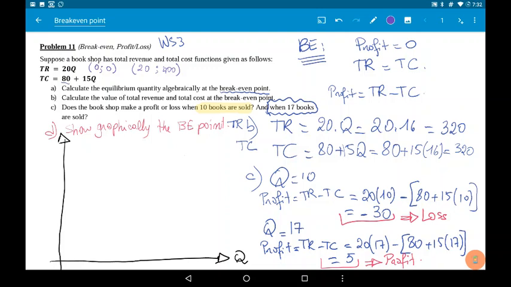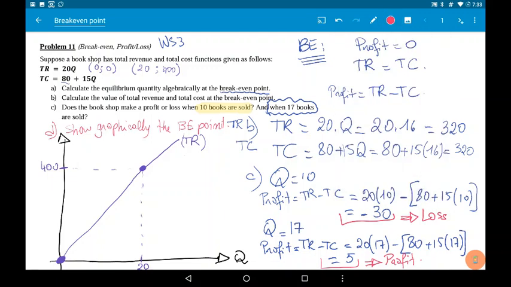So 0, 0, this is our first point. 20 with 400, this is our second point. We join these 2 points, and here we have total revenue. This is our total revenue line.